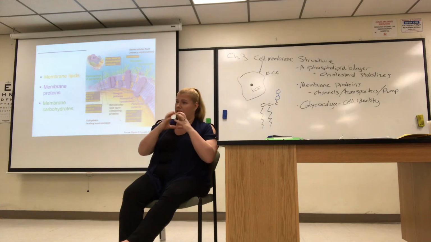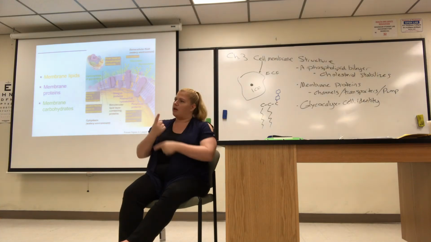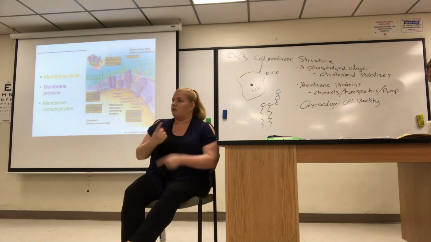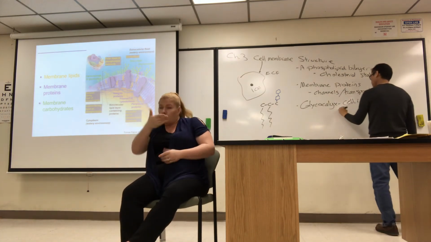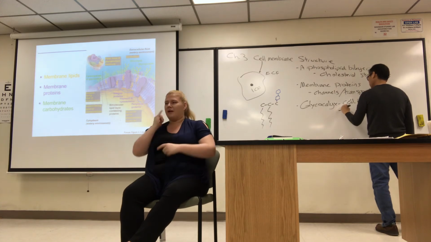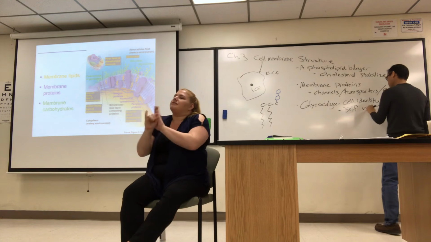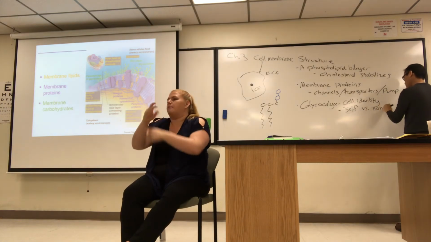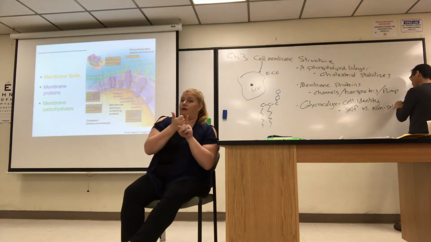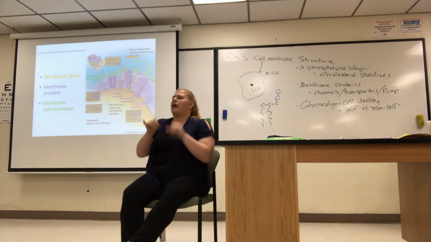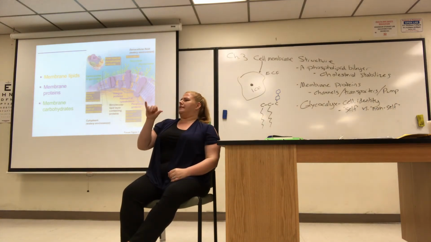The glycocalyx can help white blood cells identify self from non-self cells. Self versus non-self. It's an immunology concept, but cell identity is the thing. So that's kind of like the long and short of it.